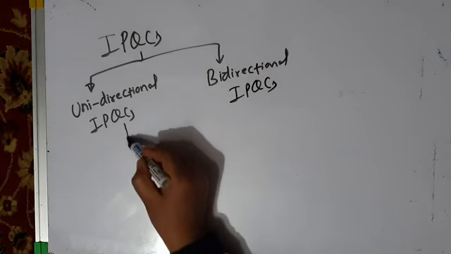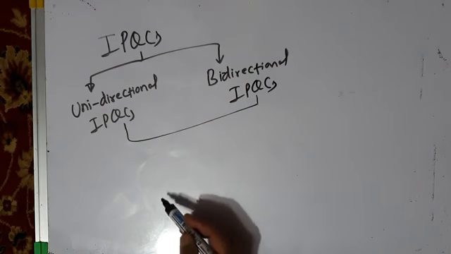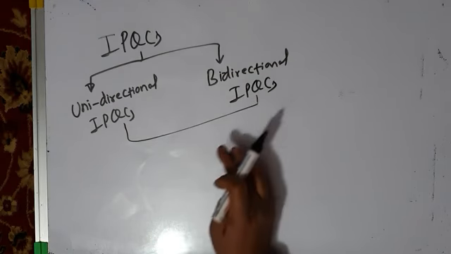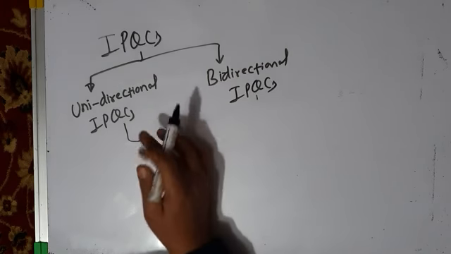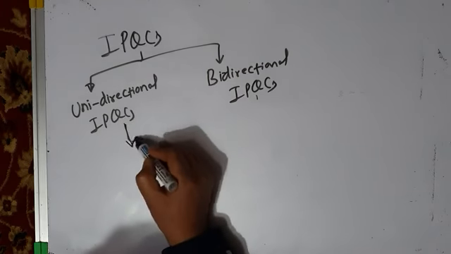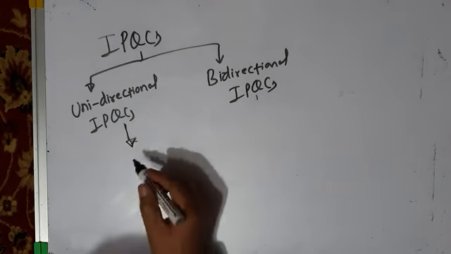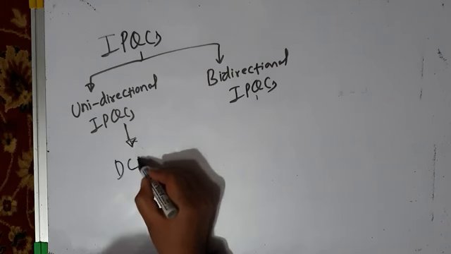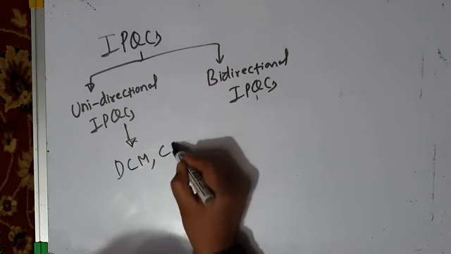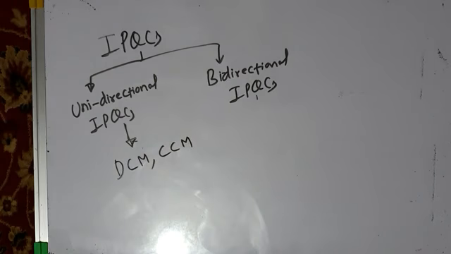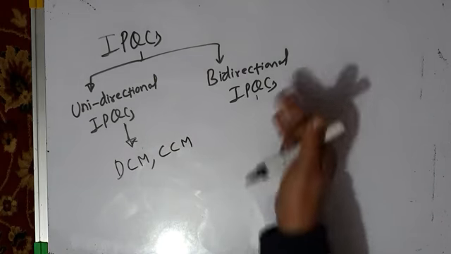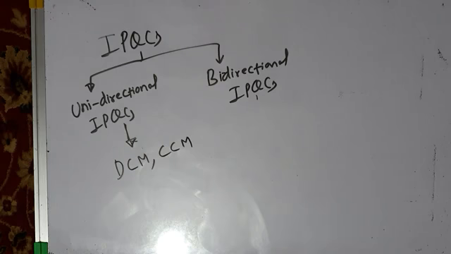Whether unidirectional or bidirectional, if you take, for example, unidirectional improved power quality converters, they may be operating in discontinuous conduction mode or continuous conduction mode of operation. Similarly, bidirectional improved power quality converters mainly operate in continuous conduction mode of operation.